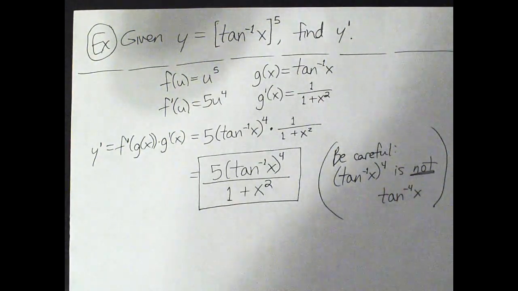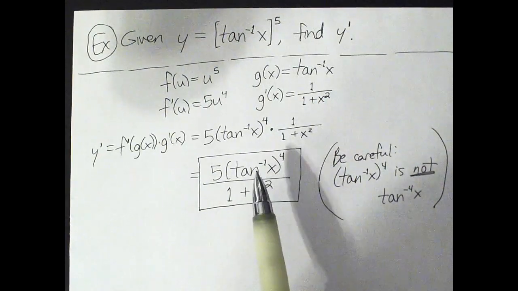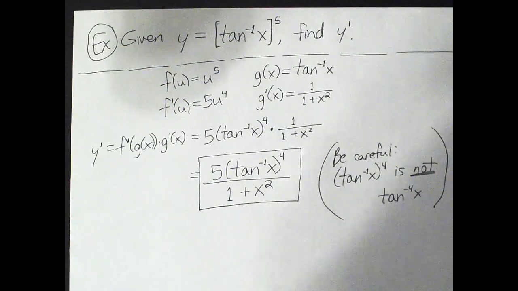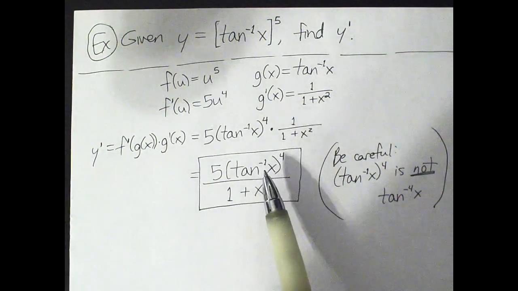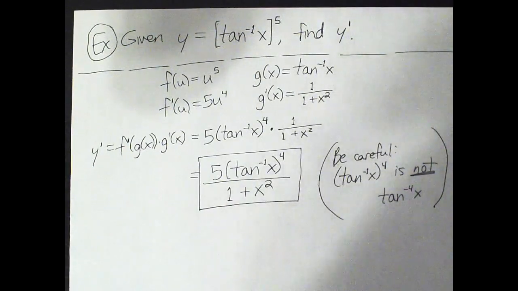The reason I'm pointing this out is because the notation that we use for inverse functions is kind of unfortunate. Isn't it kind of unfortunate that we use a -1 that looks like an exponent? It can be confusing, right?